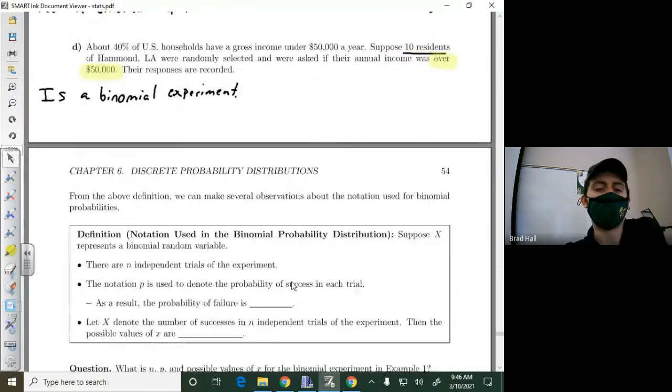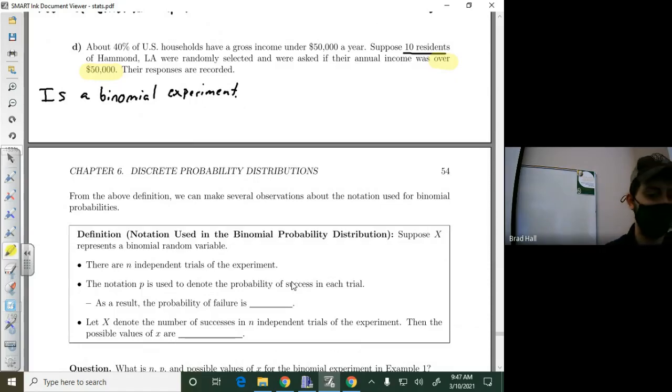But first, we need to establish some notation. Because with these binomial probability distributions, the way to feed this information into some sort of formula or calculator command is we need three different values.